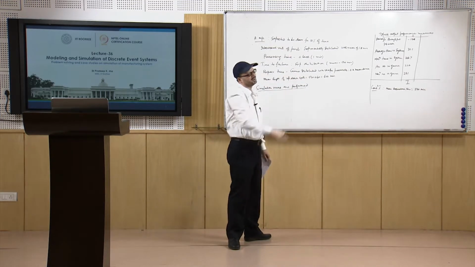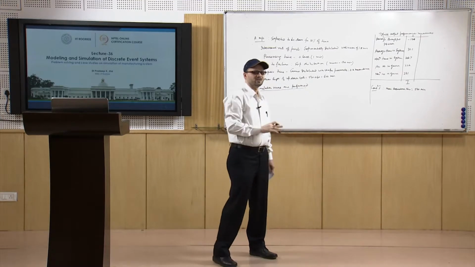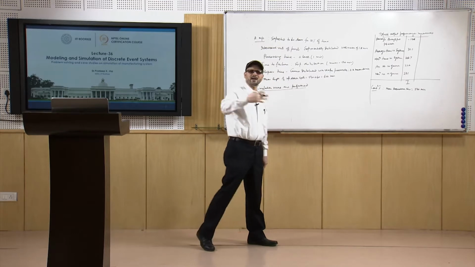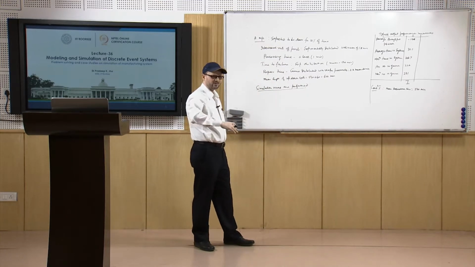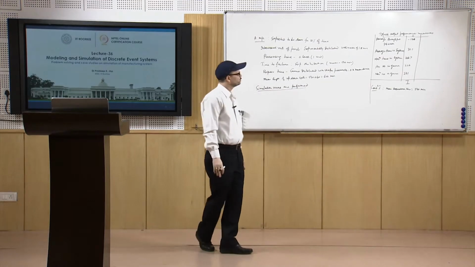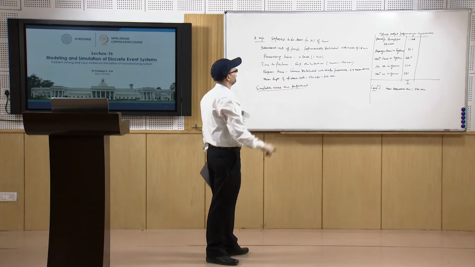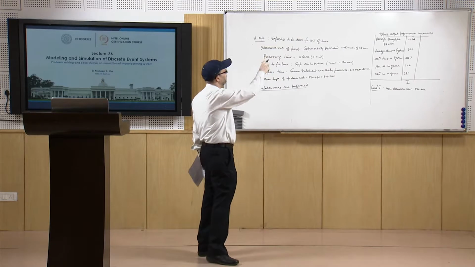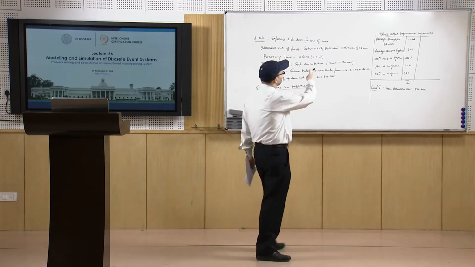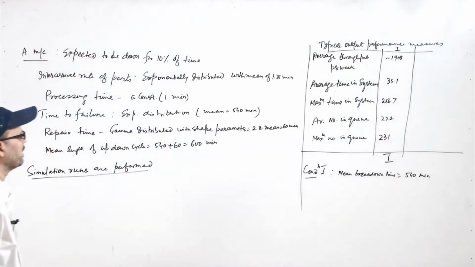For these 160 hours of simulation, 5 independent simulations were done using different random numbers, certainly, and then you average them out and find the values. So, you are getting 1908. This is normally the average throughput per week. Then average time in the system is 35.1.